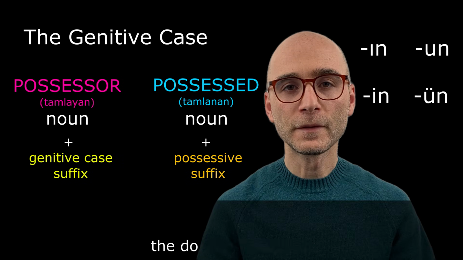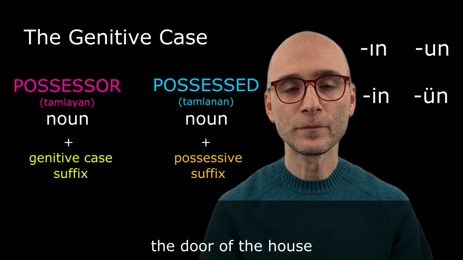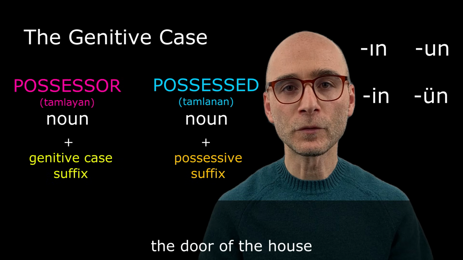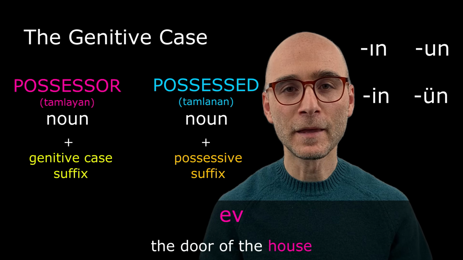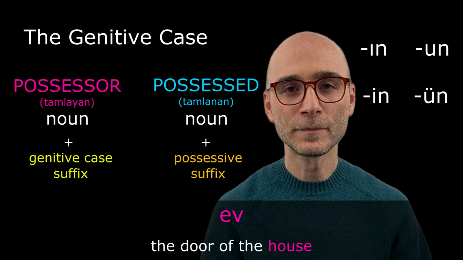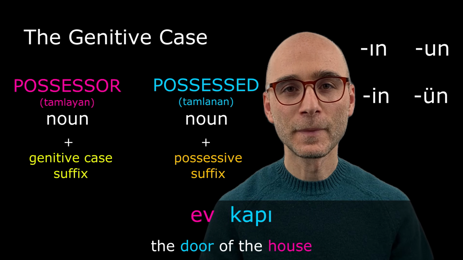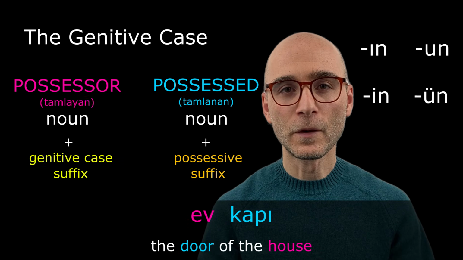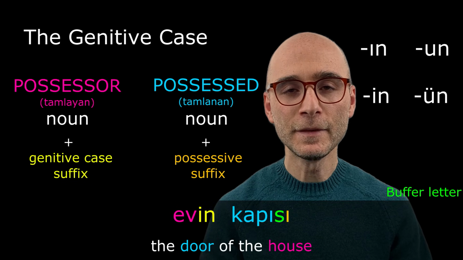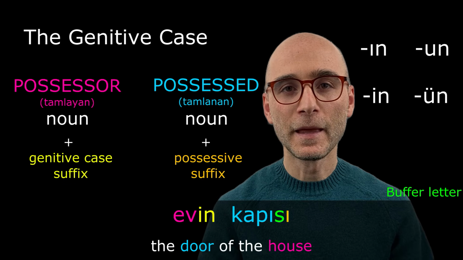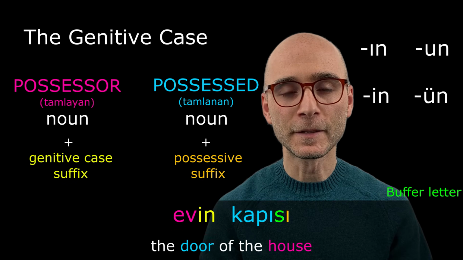Let's form the door of the house. How do we say house in Turkish? Ev. And how do we say door in Turkish? Kapı. So in Turkish, the construction becomes evin kapısı.